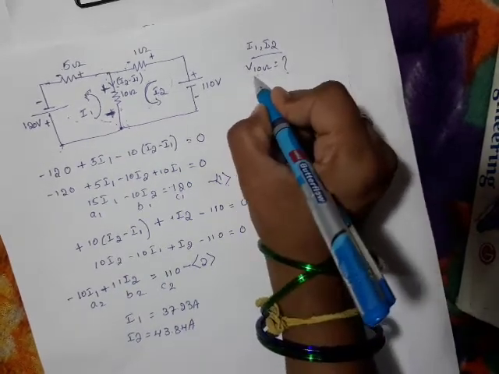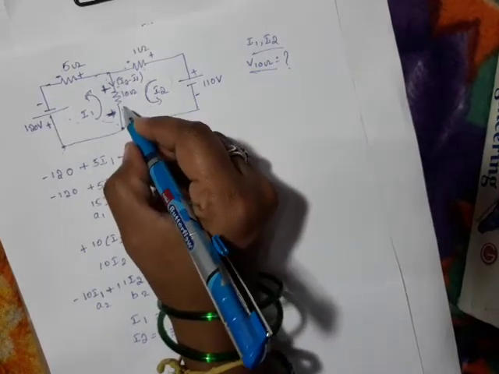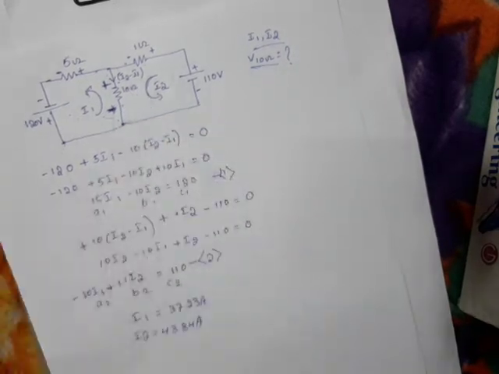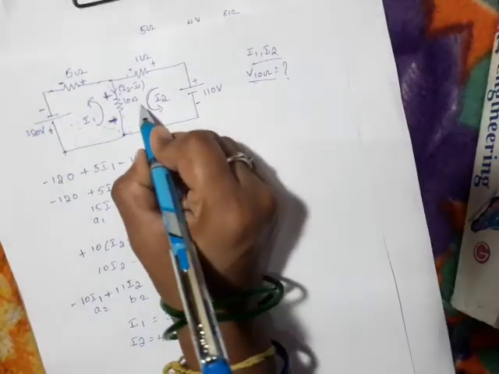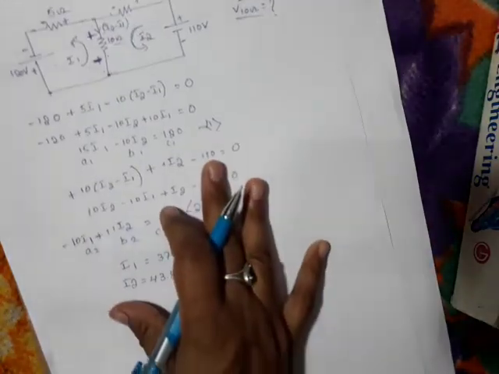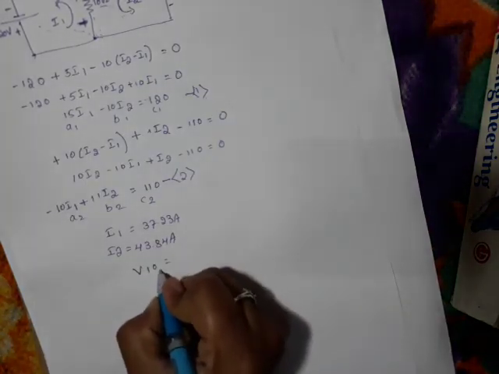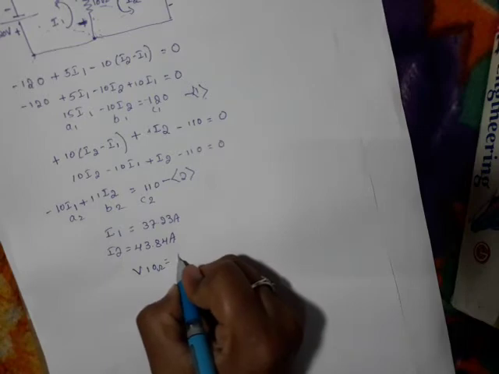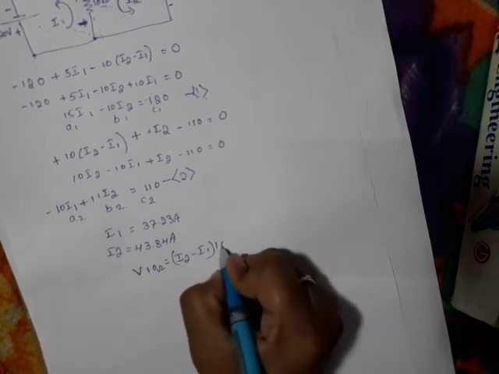Next, what we need to find out is the drop across the 10 ohm resistor. The voltage drop across the 10 ohm is given by 10 into (I2 minus I1). So the voltage drop across the 10 ohm resistance is given by the current I2 minus I1 into 10.